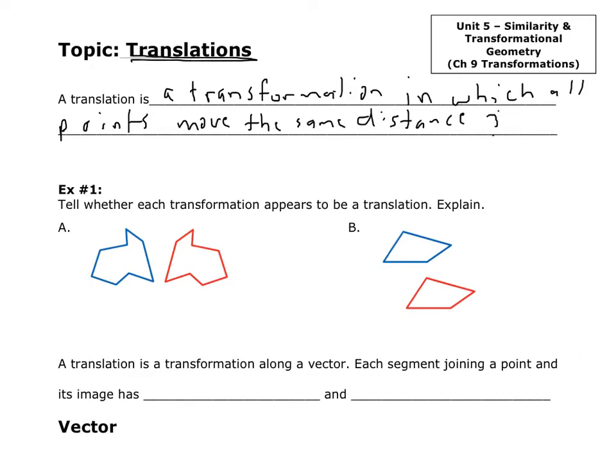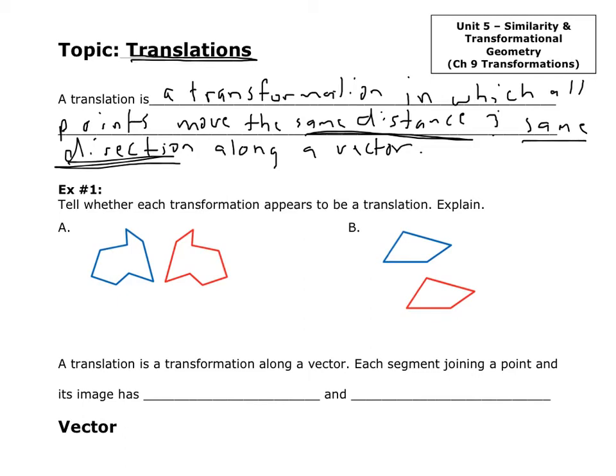A translation is a transformation in which all points move the same distance and same direction along a vector. Okay, so make sure the two things that you know for sure, they move the same distance. Okay, so underline that. Same distance and same direction. Those are the two key points that you need to be able to know from that definition.